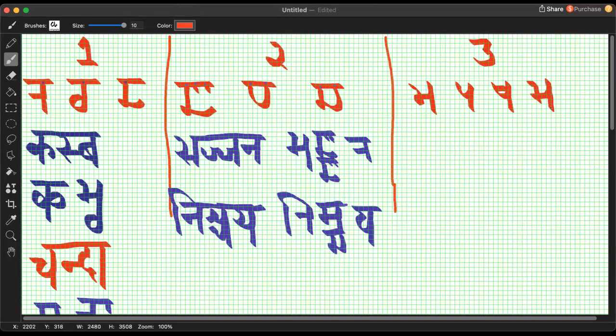So these alphabets, they don't have Shiroreka. So in this case, what happens? Suppose I am writing a word called dharma. Okay.